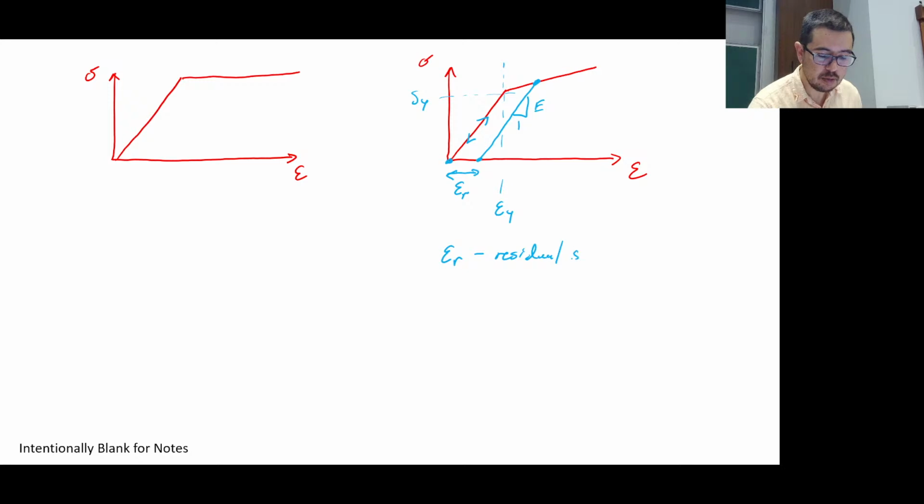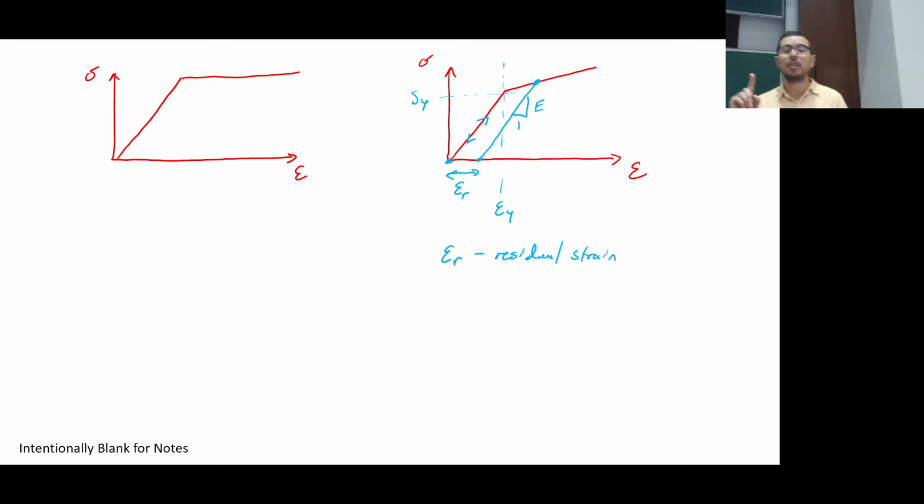like that. And what's even cooler is this bar is now stronger, because the next time I apply a load, guess what? I go right up here before I start to yield. I don't yield until I get to this line, that plastic line.